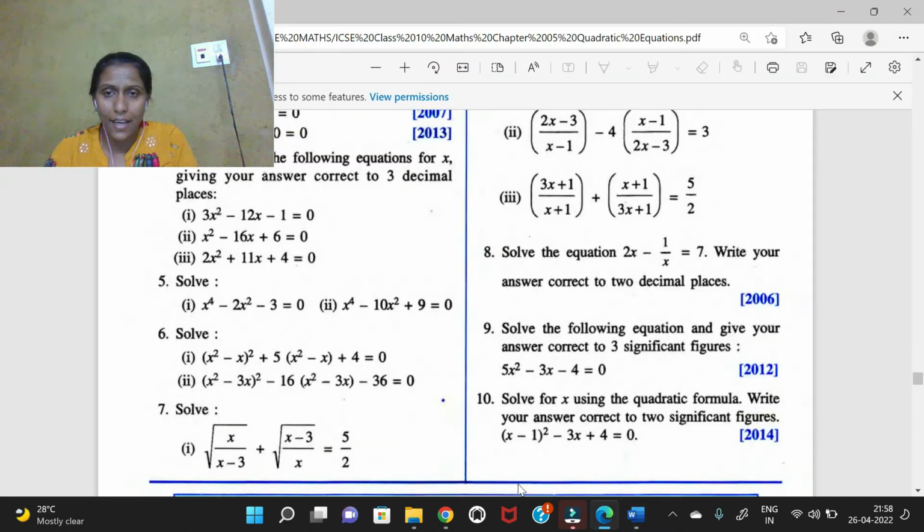So, then I would like to take you further. We finished one question in problem 5, solve. Now let us go for the sixth one, and let us look at the second one.